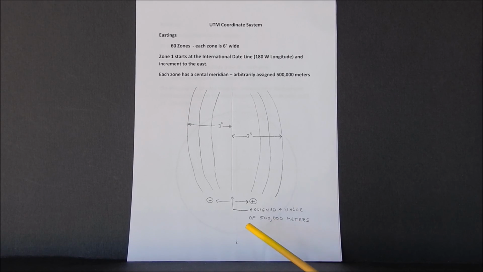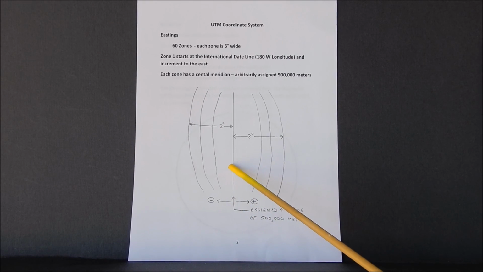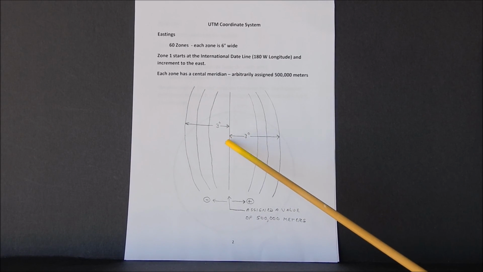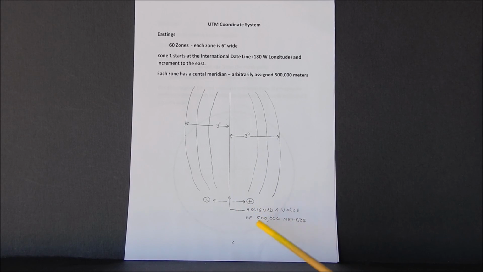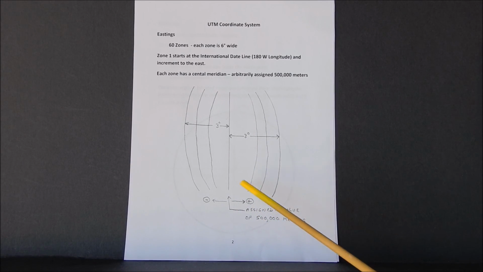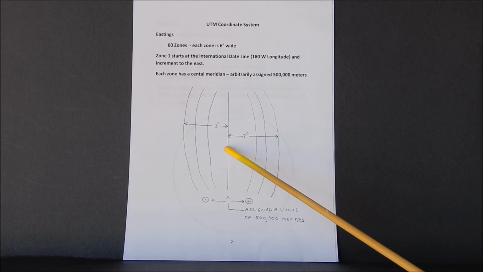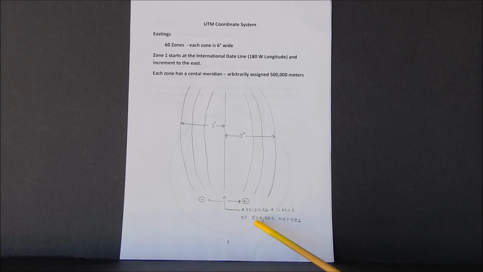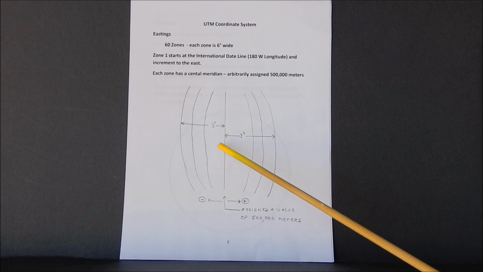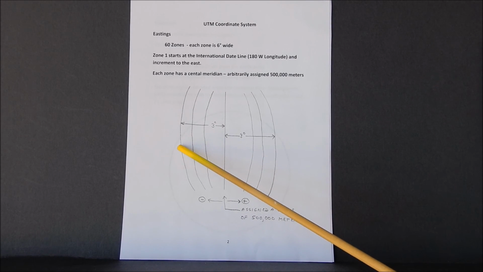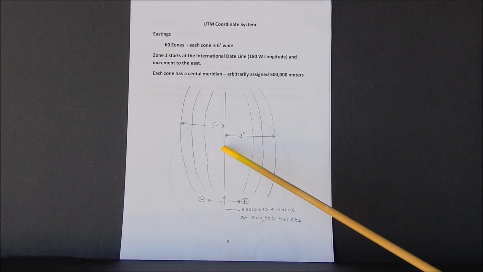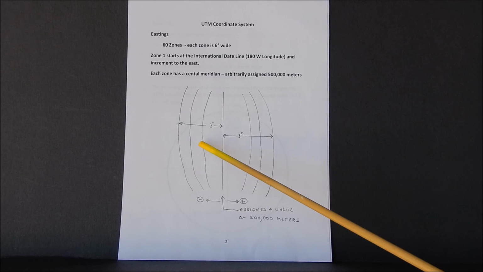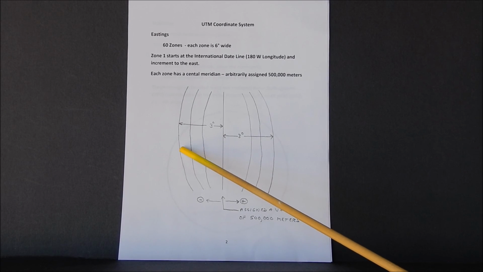Every zone has its own central meridian, and every central meridian is arbitrarily assigned a value of 500,000 meters. So if you're here, you're at 500,000 meters easting. Now, if you move to the west, this value decreases, but because it's set at 500,000, it never gets to zero or goes negative. From your 500,000 easting here, if you're over here, you might be at 400,000, 300,000, 200,000.